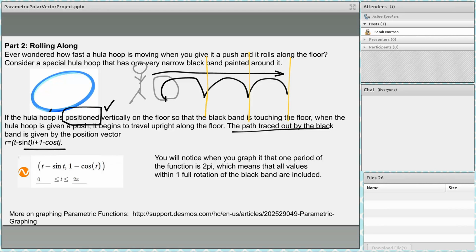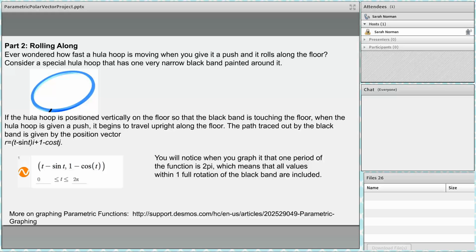That's another. That's another. And it takes one period of 2 pi to make that full revolution or rotation of the hula hoop. So that's why I selected 2 pi. You could really use anything that you want to, just understand that 2 pi is the period. So in order to really see the full graph, you're going to have to at least use 2 pi, 4 pi, 6 pi, 8 pi, to really make that graph look neat and to be able to notice the patterns.